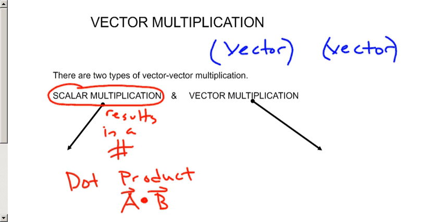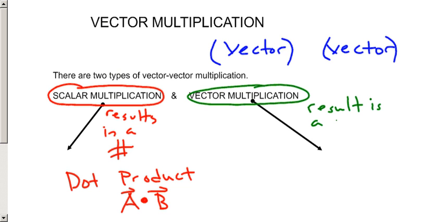The other type of multiplication is vector multiplication. And in this case, the result is a vector. So we're going to multiply two vectors together, and what we'll get back is a resultant vector. And this is when we use the cross product.